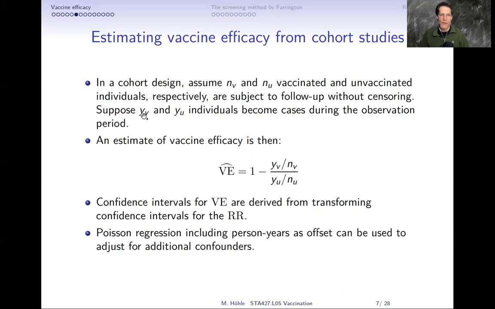Similarly, let YV and YU be the number of cases during the observational period. Again, depending on the endpoint you choose, that would be either those who become infected, or those who develop disease, or those who die.